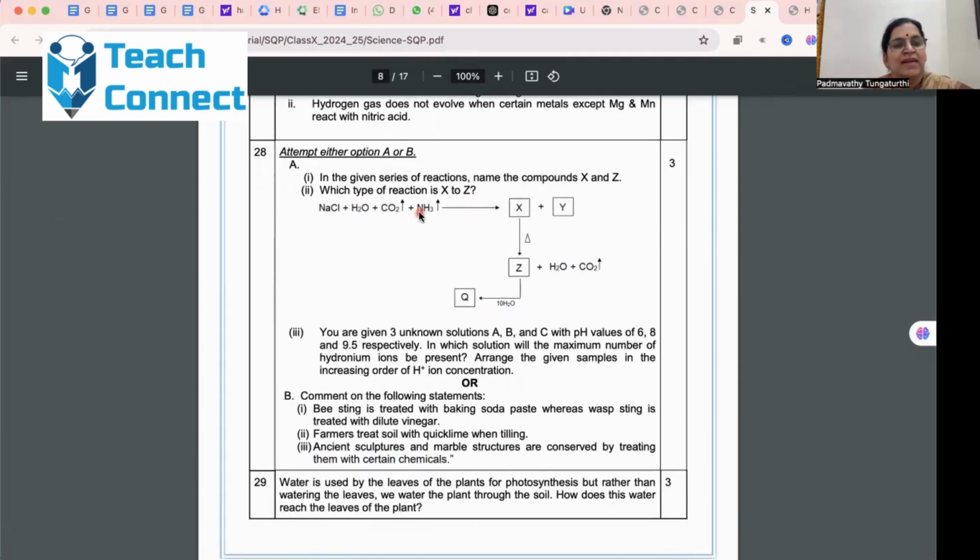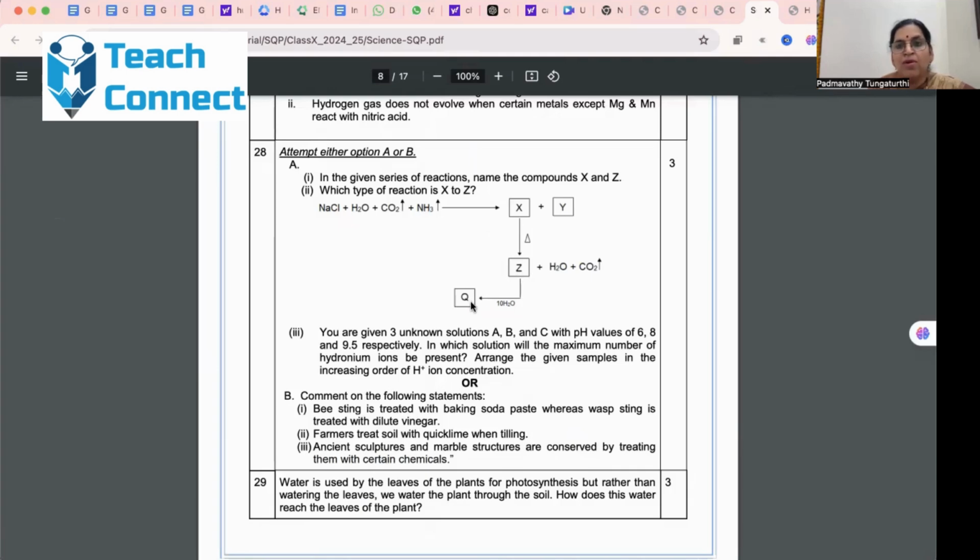Question number 28, attempt either option A or option B. In this, there is a series of reactions, one after the other. There is heat over here. We should focus on a reverse way of understanding. Here, there is a formation of water molecules along with this.